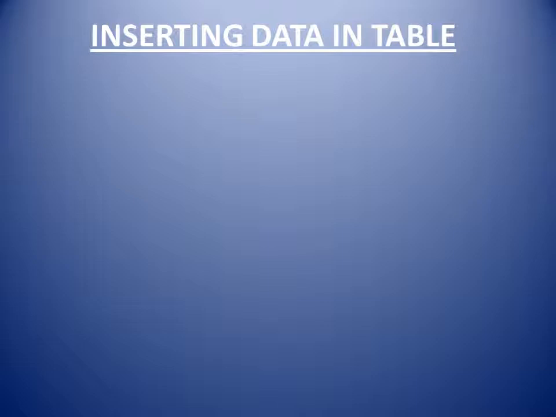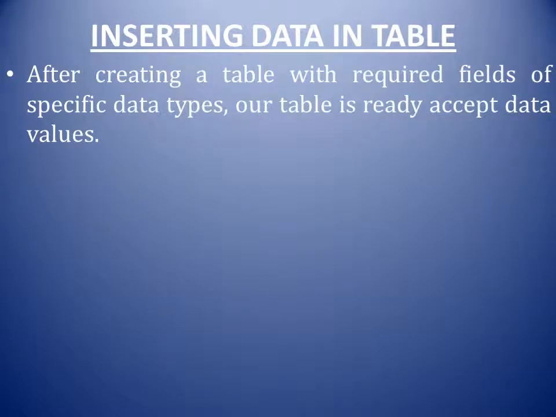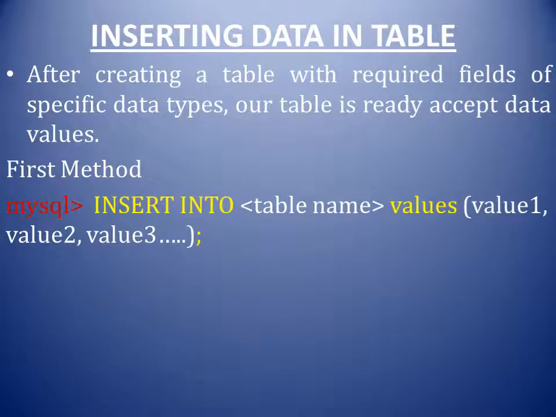After proper creation of the table, we are ready to insert the data in it. For inserting data, we should use the command insert into, and the same command can be used with 2 methods. In the first method, we are not supposed to write the column names.